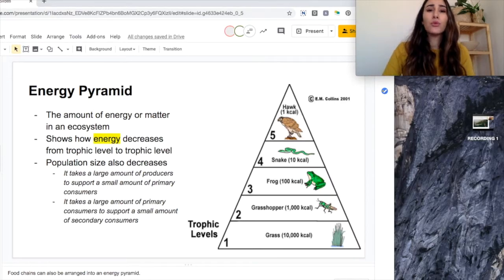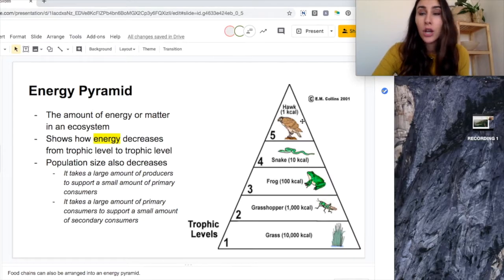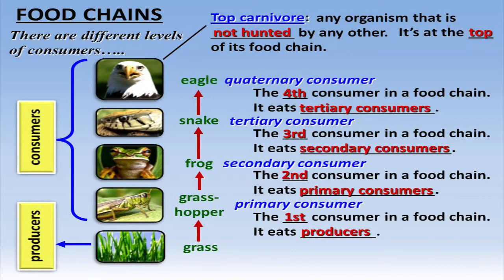So as we move through a food chain, or as we move up an energy pyramid, we read an energy pyramid upwards, okay? So the producers go on the bottom, and then we have the primary consumers, secondary consumers, tertiary. And in this particular food chain, in this particular ecosystem, we see that there is actually an additional level.